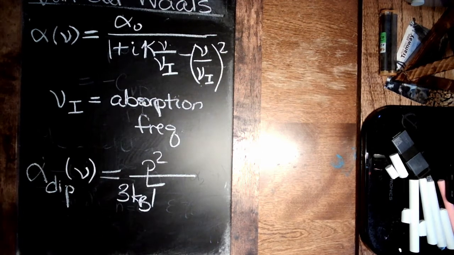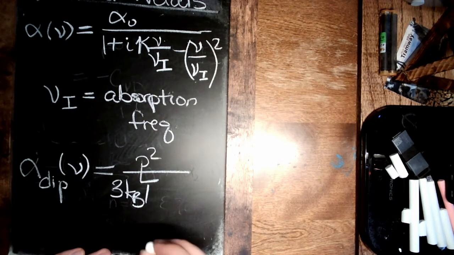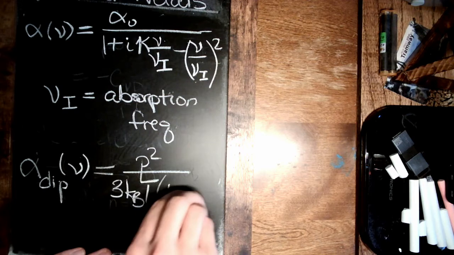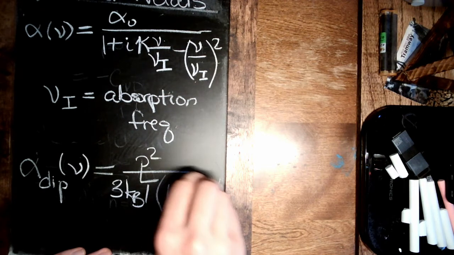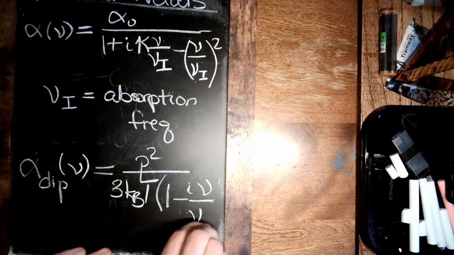Now that right there is exactly the time averaged energy that we derived from the Debye effect, missing the r to the 6 dependence, which would take it from the polarizability to the energy. But adding the frequency dependence looks just like this, where we have i nu divided by some reference nu.